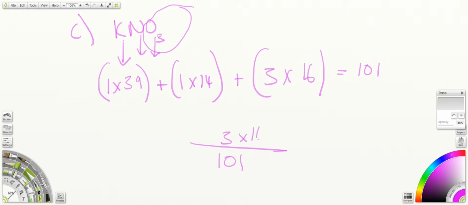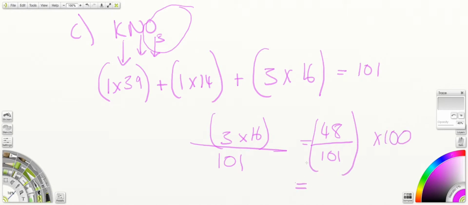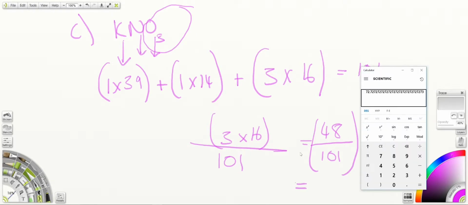So it's 3 times 16, which is going to be, what's 3 times 16? 48. 48 divided by 101. Do that first, then multiply it by 100 to get your percentage. So let's see the percentage by mass of oxygen in KNO3. So it's 48 divided by 101 and then times by 100, and you get 47%.